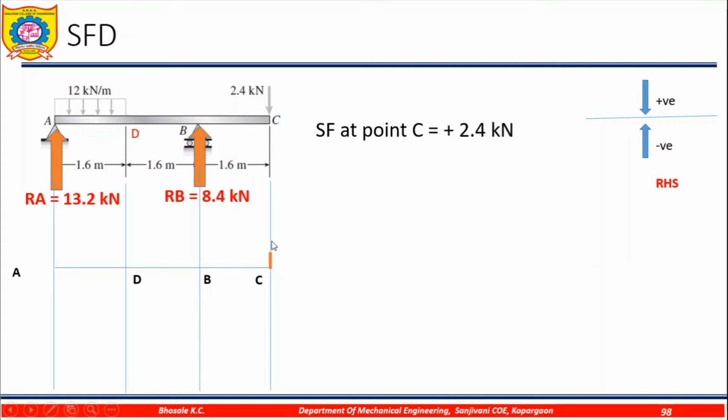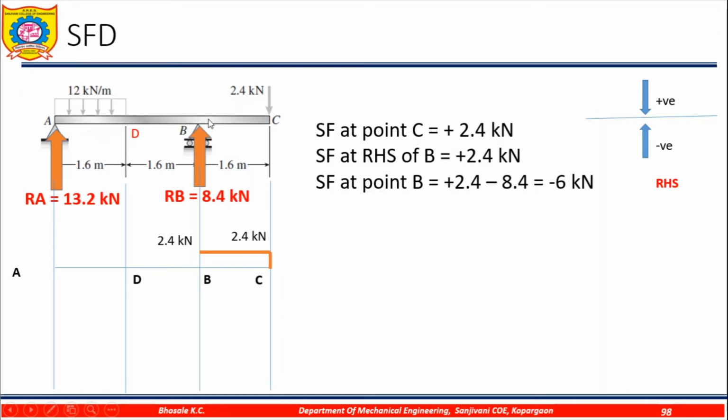From 0 we have drawn one line, on a suitable scale, showing 0 to 2.4 kilonewton. Between point B and C there is no load, so we keep the previous value as it is, plus 2.4. So there is a horizontal line for the shear force diagram.